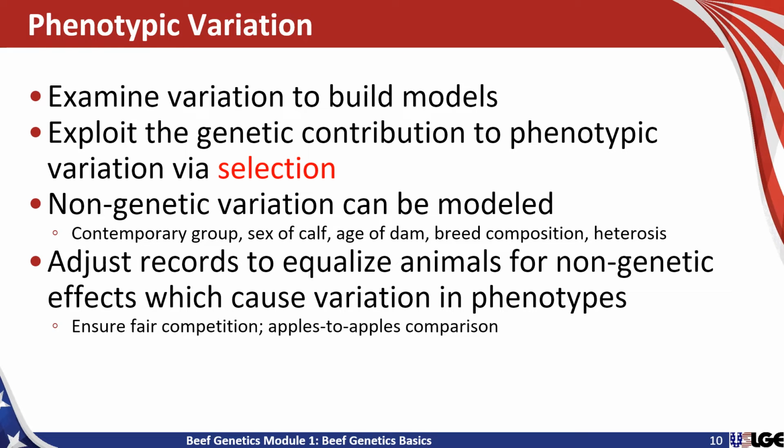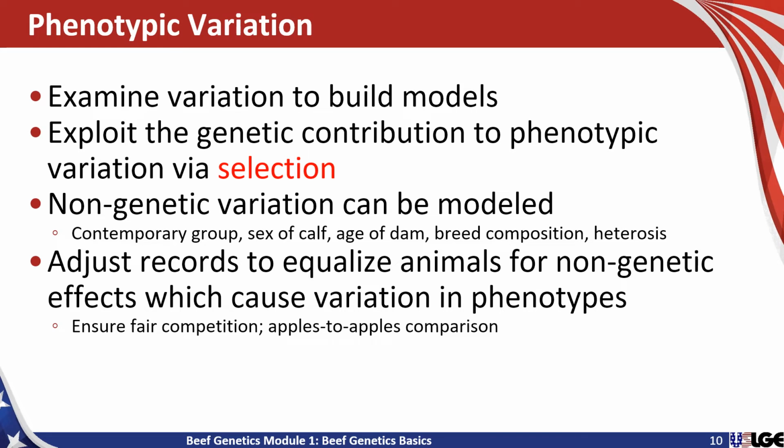So things like contemporary group, which we'll talk more about in a module on EPD calculations, gender or sex of the calf, age of dam, breed composition, and heterosis effects all influence the phenotypic record of an animal, but with appropriate data reporting can be modeled to correct and make unbiased phenotypic records.